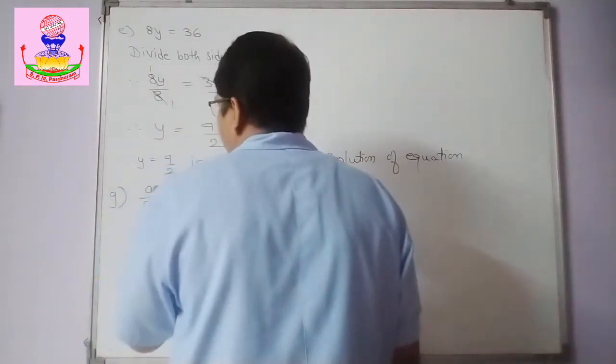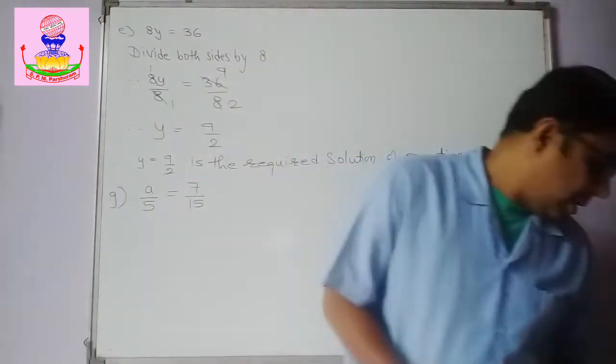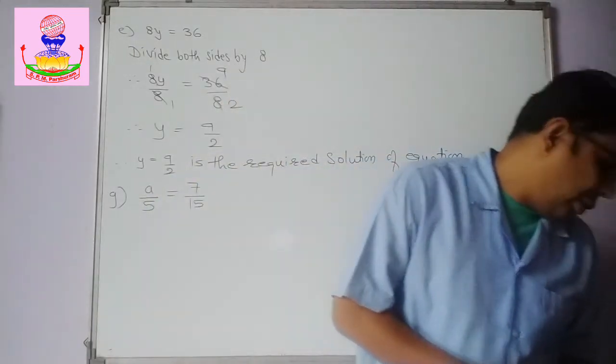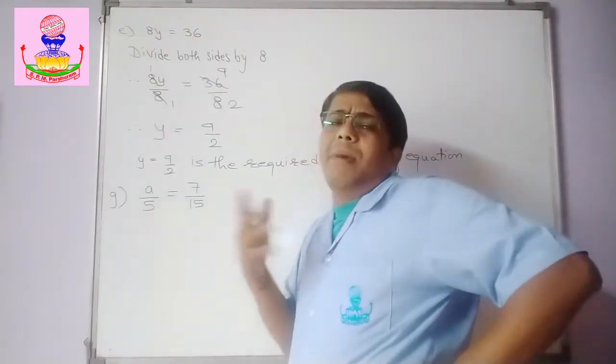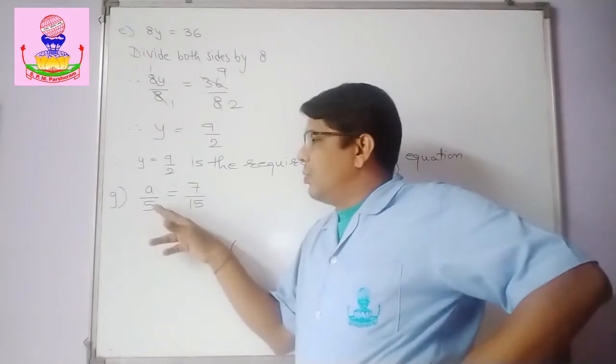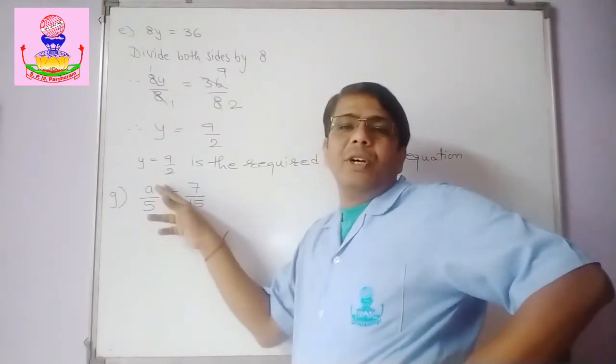A upon 5 is equal to 7 upon 15. Okay, now here my aim is to remove 5 from here and to find the value of a.